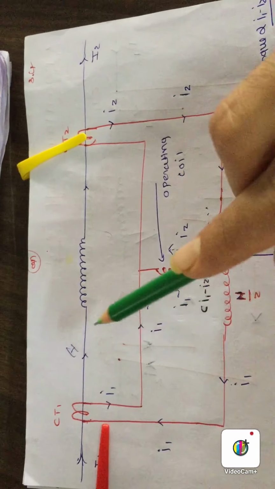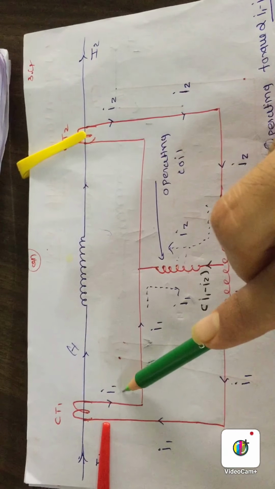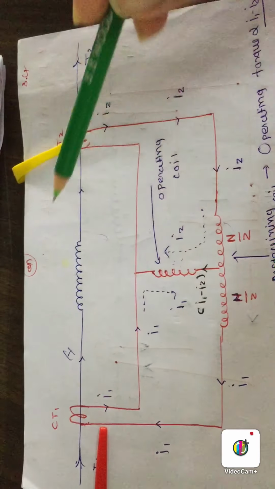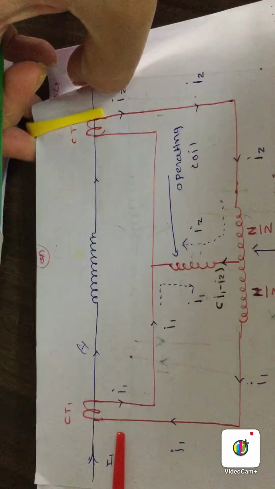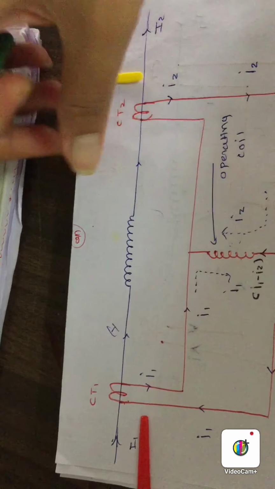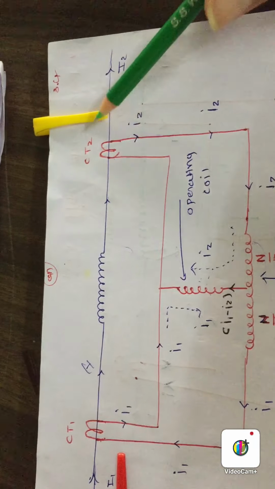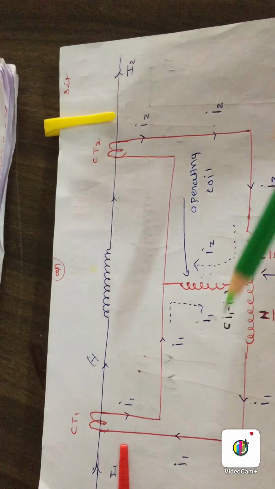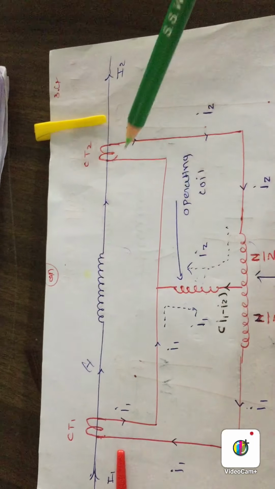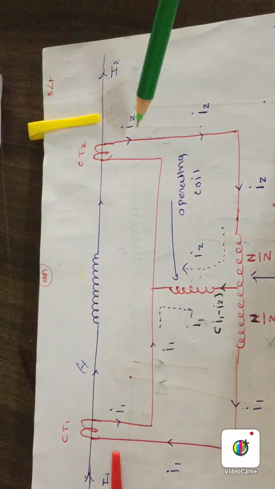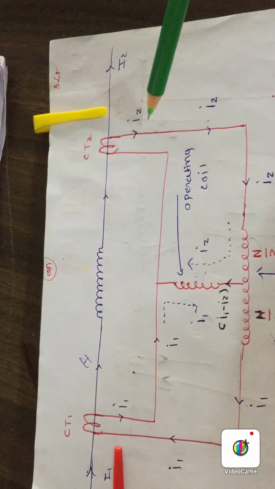Due to this current, the I1 current will be produced in the CT1 secondary. Due to the same current in CT2, I2 will be produced in the CT2 secondary. You know that in normal condition this I is the same, that's why I1 and I2 both will be the same.